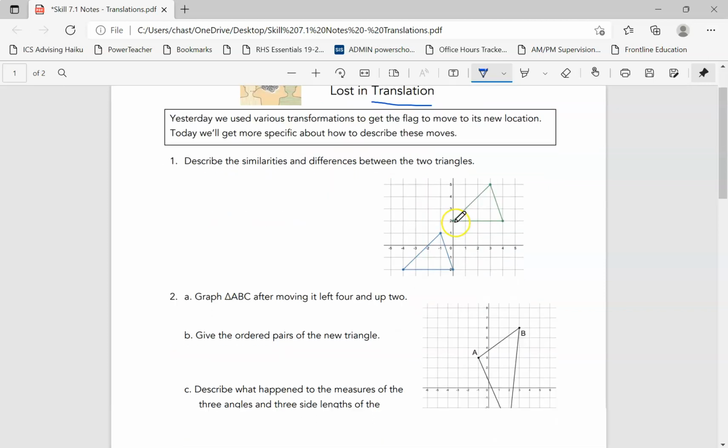So let's start with describing the similarities and differences between these two triangles. If we look at some of the similarities, one of the things we might notice is that both of these triangles are the same size and the same shape. They're just located in different spots.